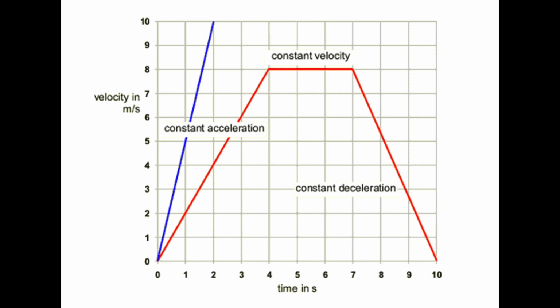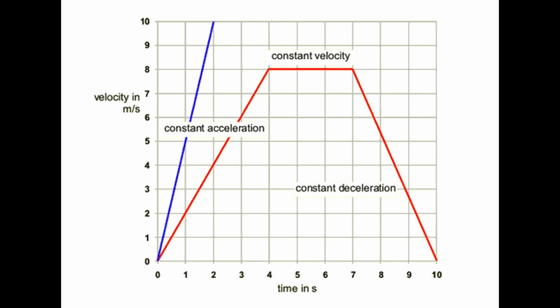This graph shows a velocity time graph. Time is plotted along the x-axis and velocity is plotted along the y-axis. Let us see the blue graph. Here the object is moving with constant acceleration. The velocity is increasing, but the increase in velocity is uniform.